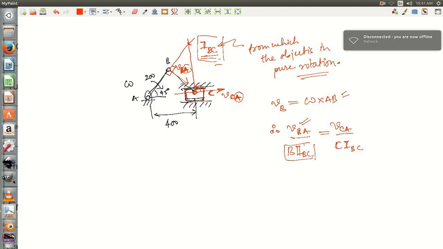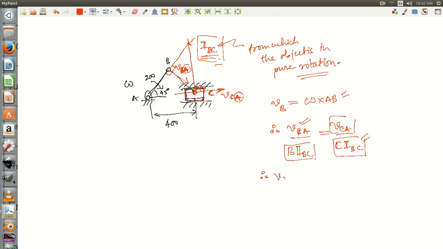This can be calculated from the diagram itself. C I_BC can also be calculated from the diagram itself. Hence VCA can be known easily. Therefore VCA is equal to VBA divided by B I_BC into C I_BC, isn't it? So hence we can find out the velocity of point C.